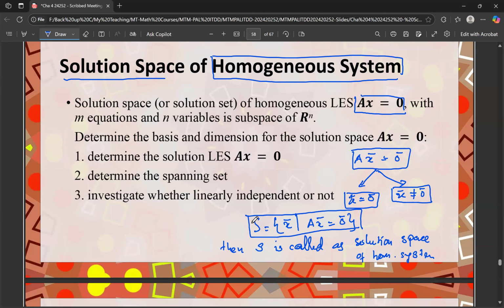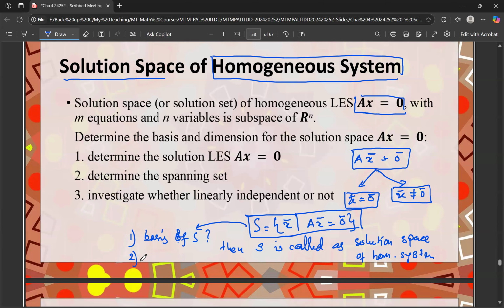Okay, what will we do for this solution space? The first is we must know the basis of this space, basis of S. So this is our first question.